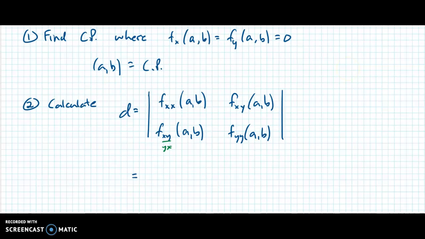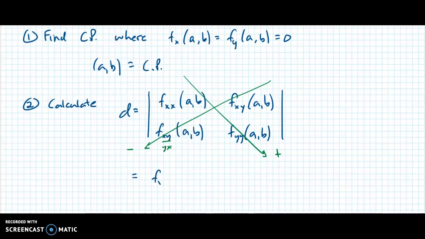Remember, the determinant is this product multiplied by each other and positive, and then this product multiplied by each other and negative. So, what do we get? Remember, we did determinants when we did cross products.